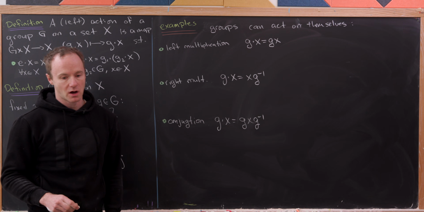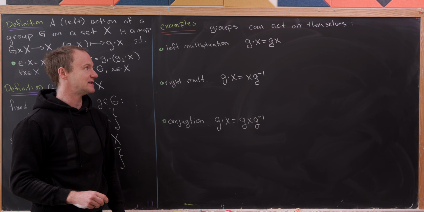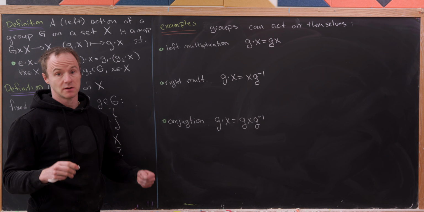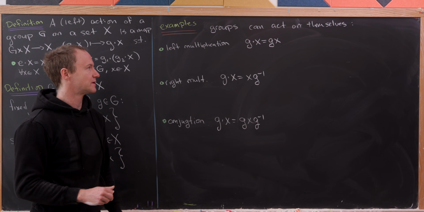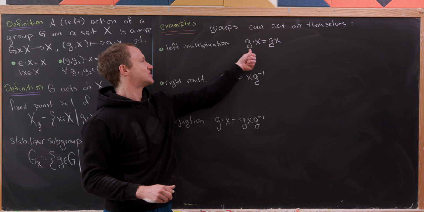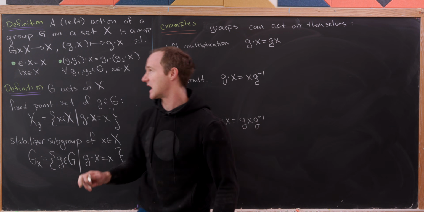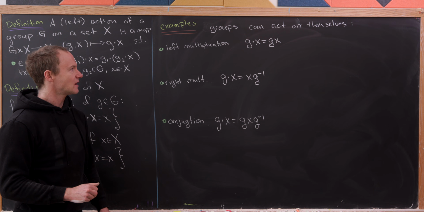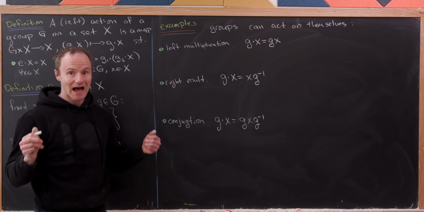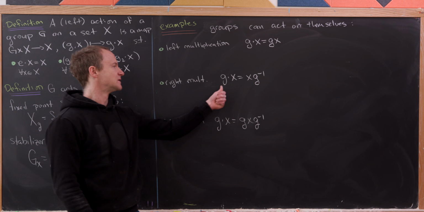So here, recall that the group is acting on itself. That means that x is an element of our group because our capital X is really just the group. Now, you can easily check that this left multiplication action satisfies these rules over here, so I'll leave that to you. It can also act by a type of right multiplication.